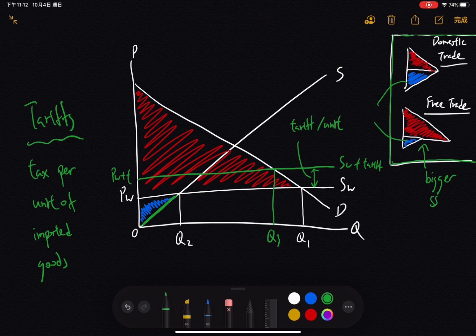But after the price is increased, and I'm just going to use another color to show you the idea, more domestic producers can survive in this competition because now the increasing price of that product can actually cover their costs.